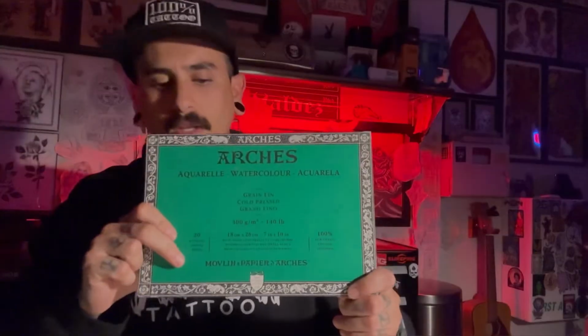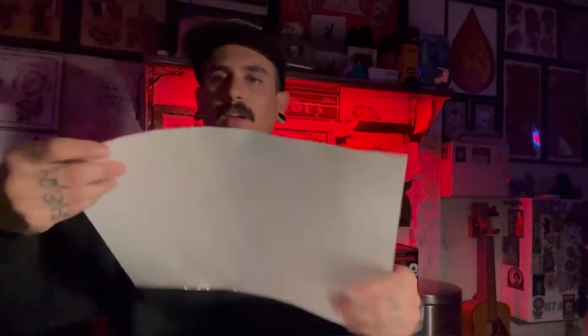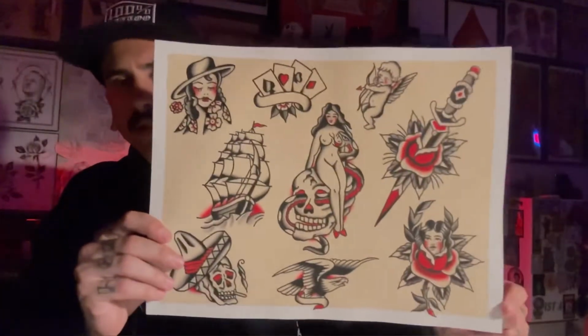So this is a 300-pound, or excuse me, this is a 140-pound. It's a little bit thicker, but it's kind of thin. If you get into the 300-pound, that's going to be a lot thicker of a paper, but it does buckle less.